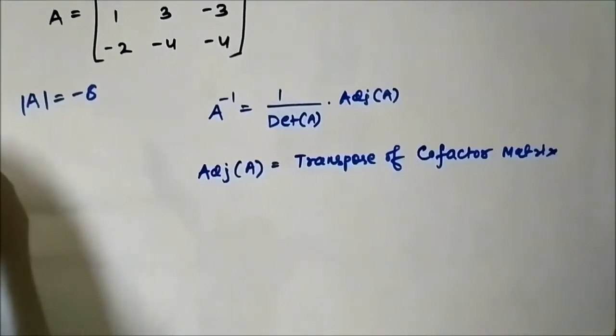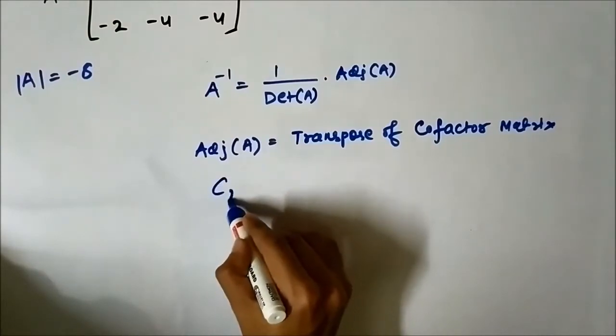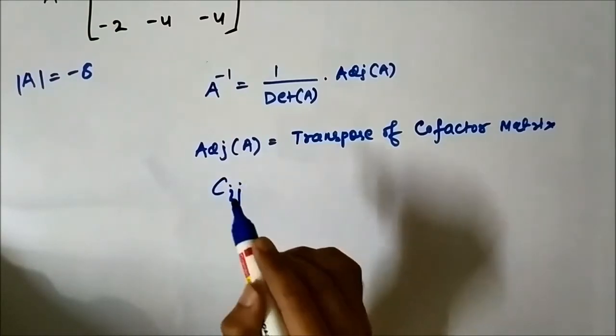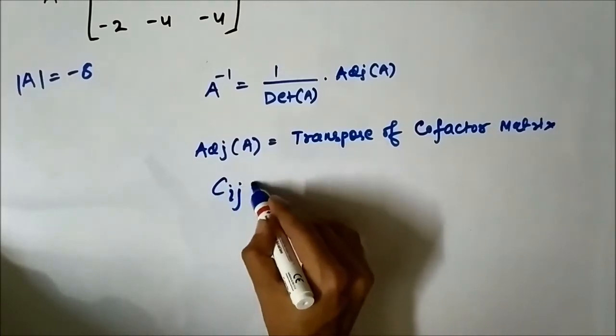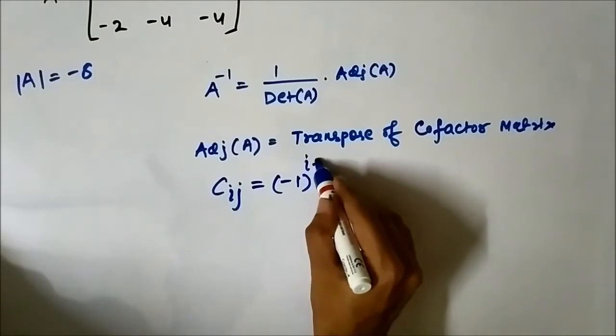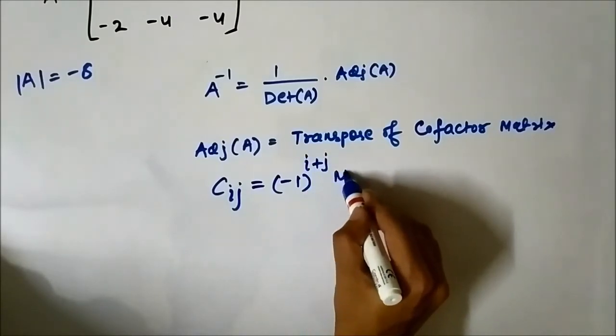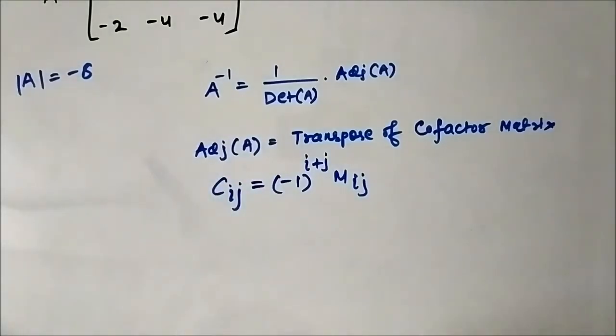And how to determine the cofactor? The cofactor of an element which is present at the intersection of the ith row and jth column is given by minus 1 to the power i plus j into the minor of that element. I have already posted many videos related to minors, cofactors and adjoints.